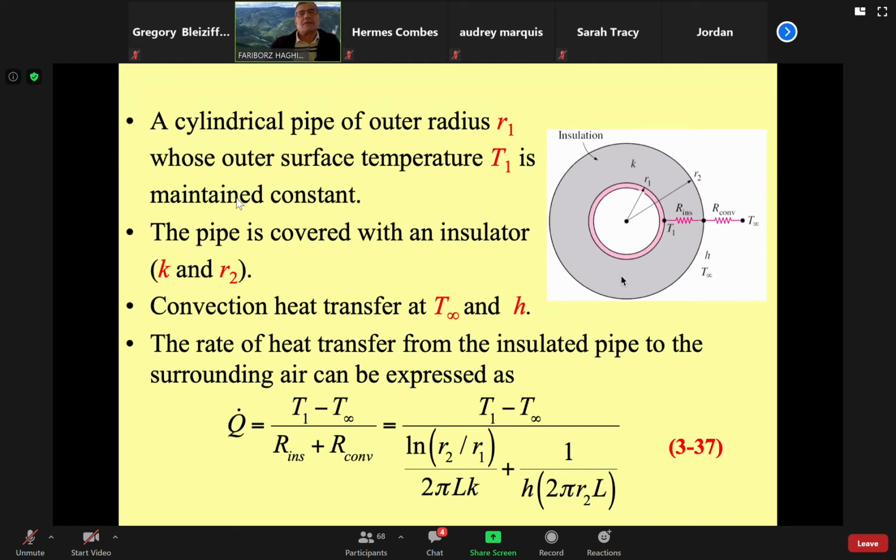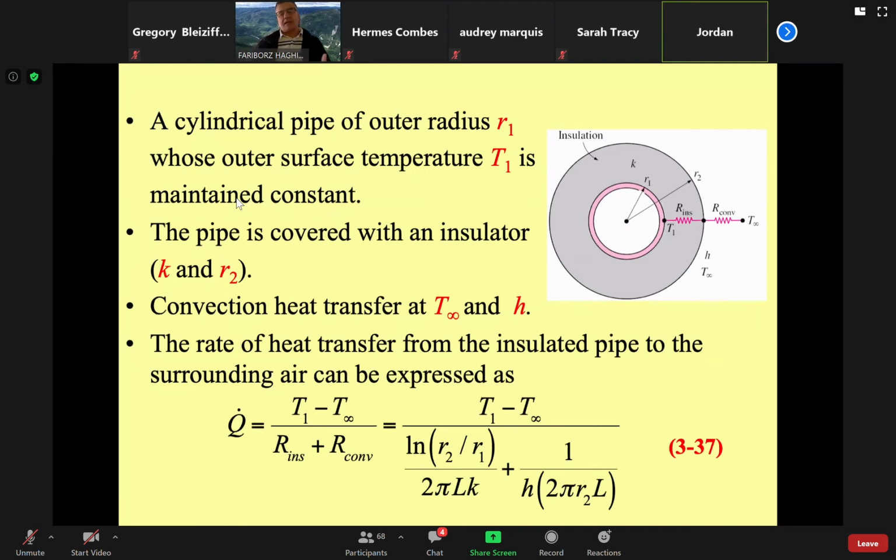Look at here, if you increase your insulation, this one will not change that much. You have R2 or R1 here, plus this one. Now, if you increase this R2, your surface area will increase, and therefore your losses by convection will increase slowly.